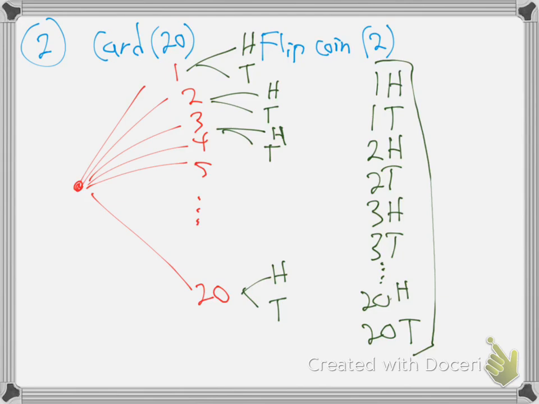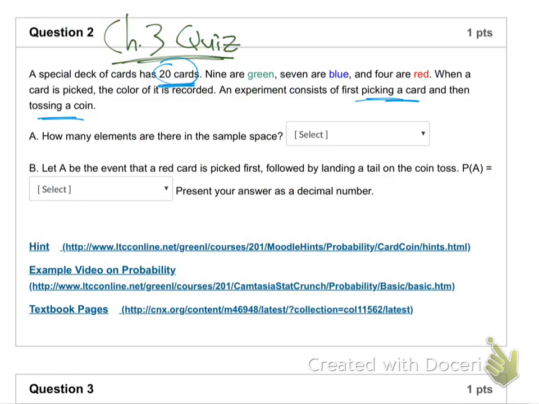How many things in that sample space? 40 possible. Does that make sense? 20 different cards, each going with a head or a tail. 40 different things are possible. So that's what they want. How many elements in the sample space?